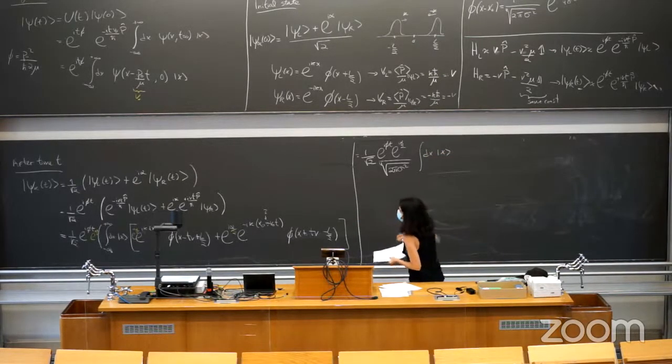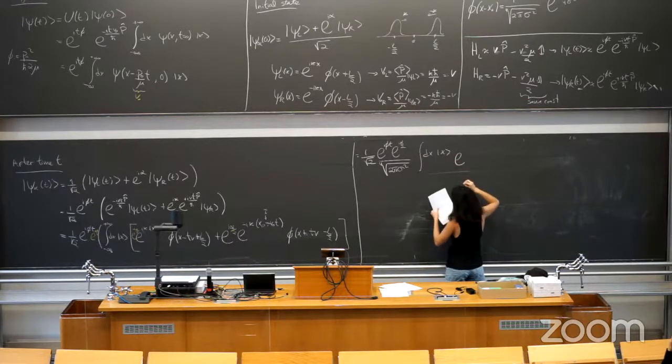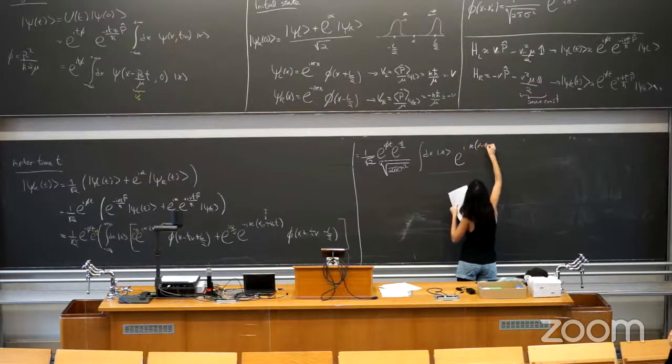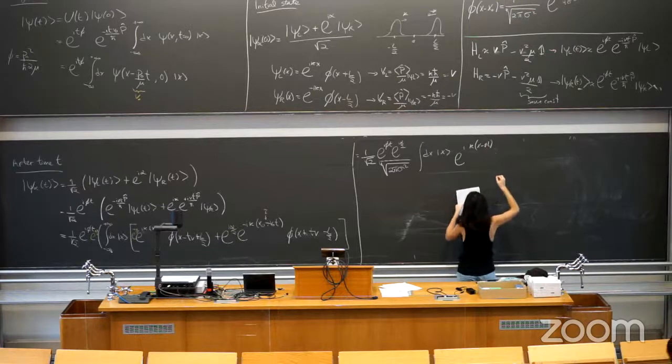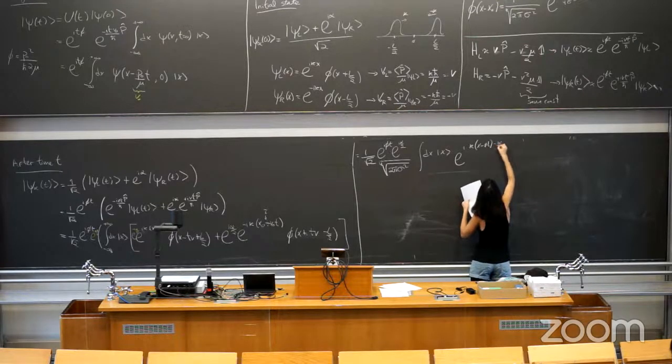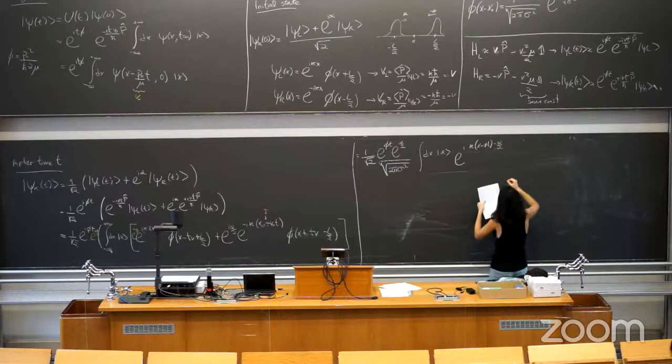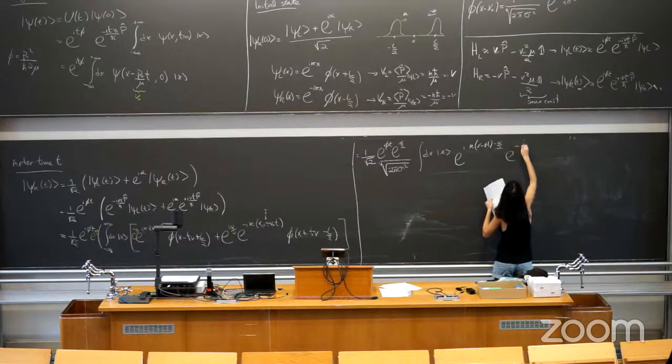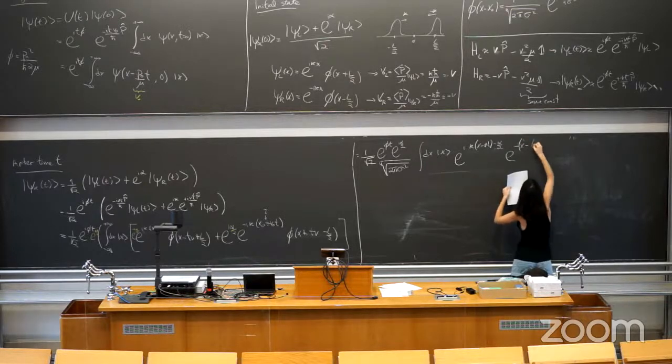So e to I k x minus vt minus alpha over 2. And now comes the part from the Gaussian, so it's e of minus x minus the new x0 is TV plus L over 2 squared over sigma squared.